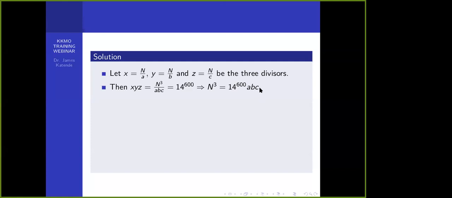The other thing the question is asking for is the smallest possible value of n. If you're looking for the smallest possible value of n, then we should also look for the smallest possible value of this product of A, B, and C, with the restriction that the product must be a cube as well. Can you all see why this product must be a cube? Yes. So now the smallest possible cube you can consider is 1.